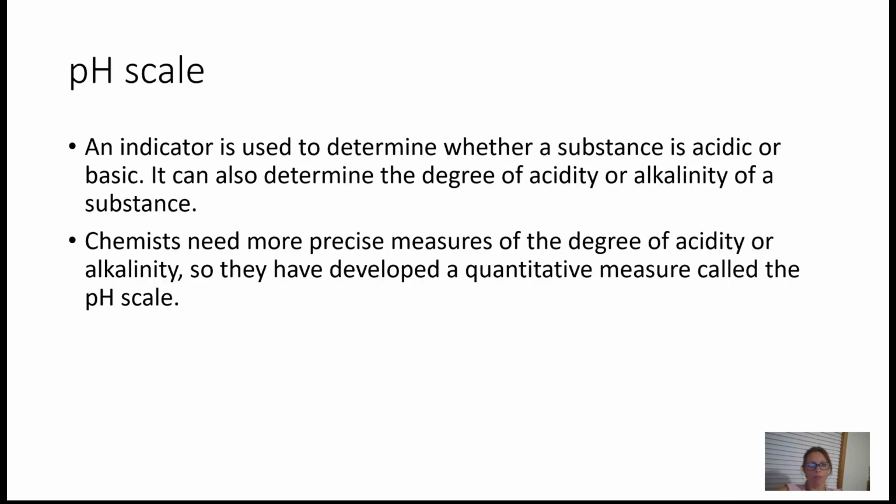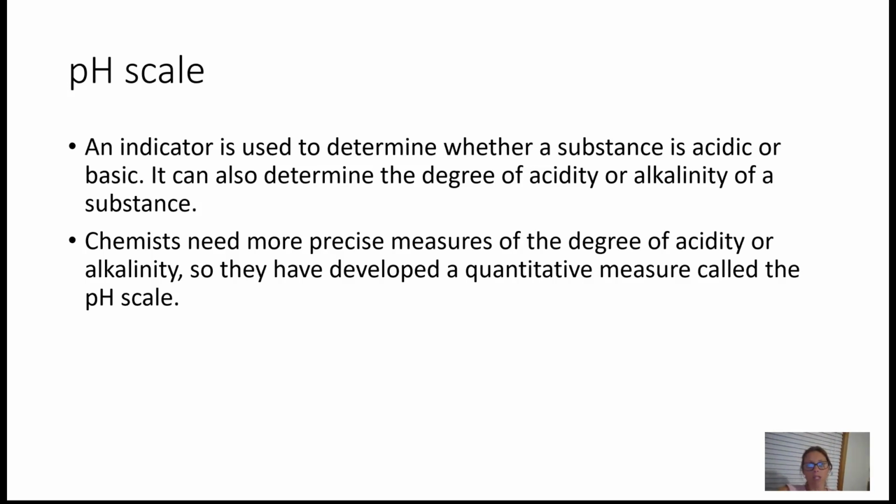What we're going to look at in class tomorrow is the pH scale. You've done a prac already looking at natural indicators and the colours they change in a variety of different household substances. We're going to do a similar thing in class, but now you are going to test the pH rather than just what colour change it makes.